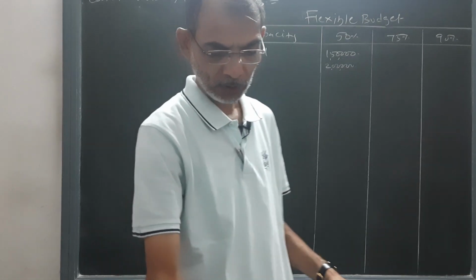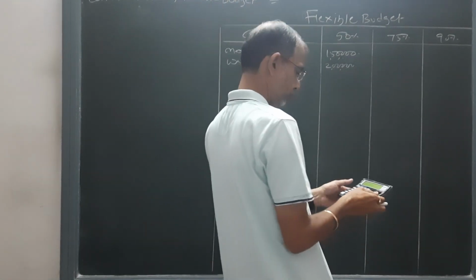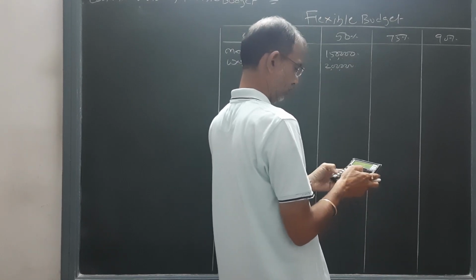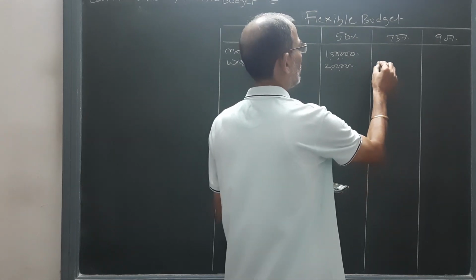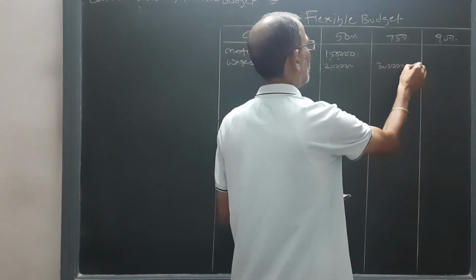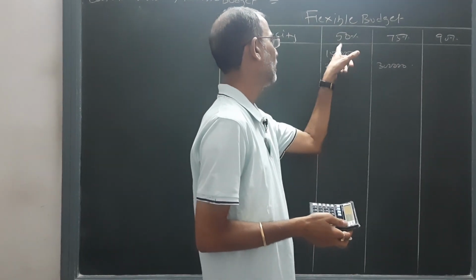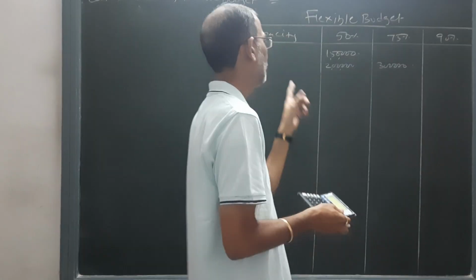And if you add 25%, this will be 3 lakh at 75% capacity. 2 lakh divided by 50 into 75.